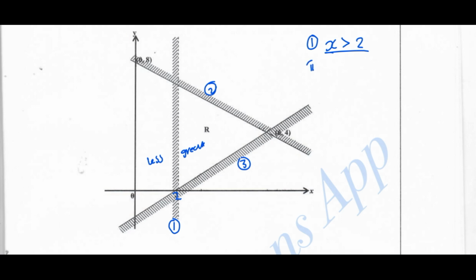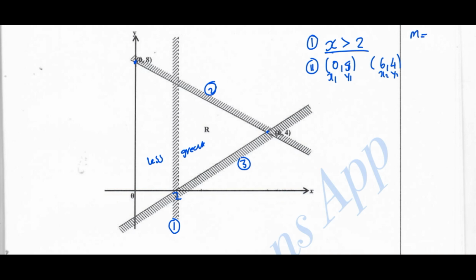Then for inequality number 2, we need to find the equation first. So it's (0,8), x1 y1. Then here it's (6,4), x2 y2. So what's our gradient?